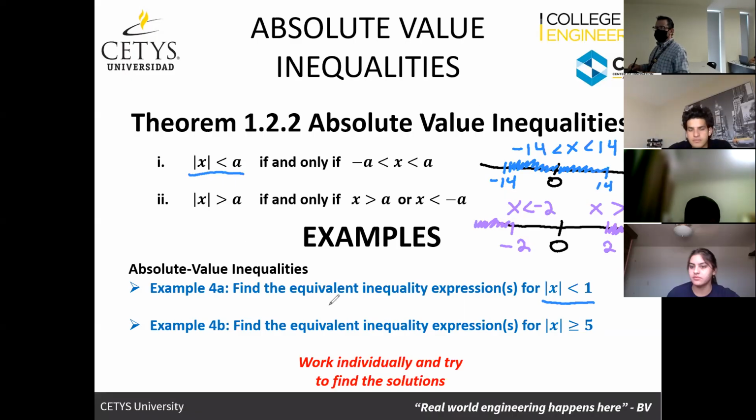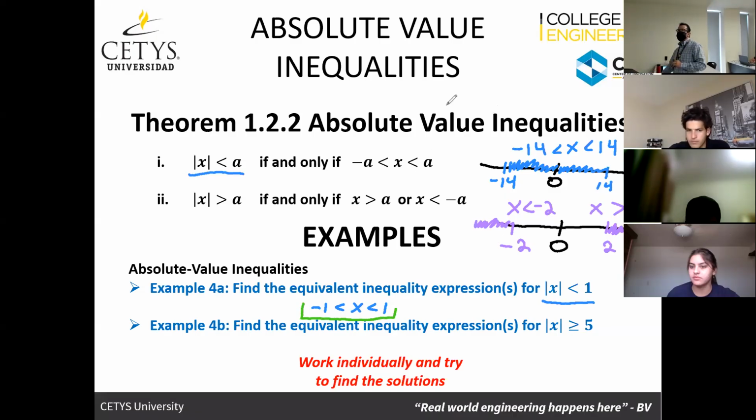So Arturo is saying that this would be equivalent to saying -1 is less than x and less than 1. Since it's less than, then we're taking the intervals between the negative and the positive number. That would be correct. Good job.